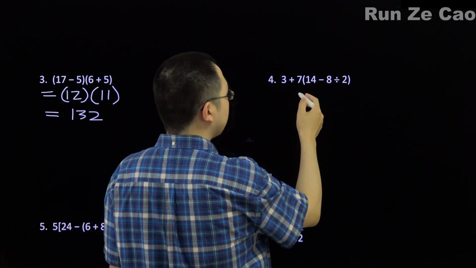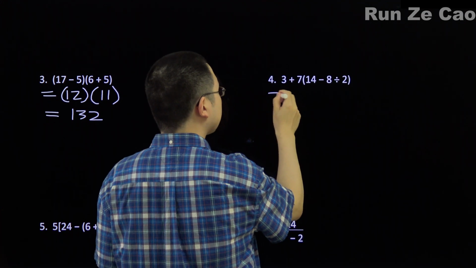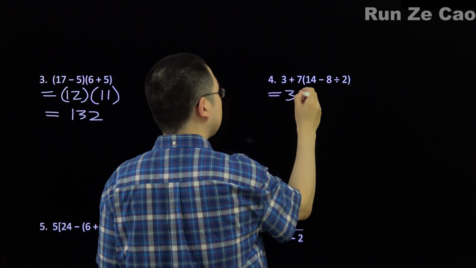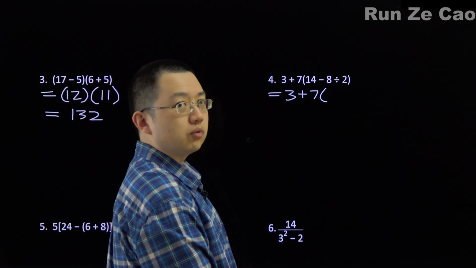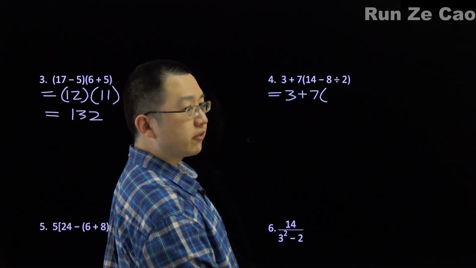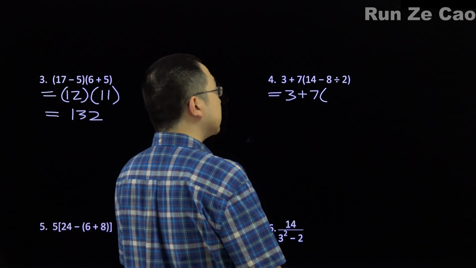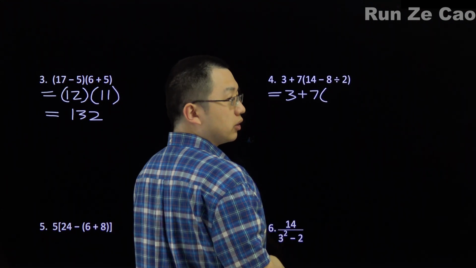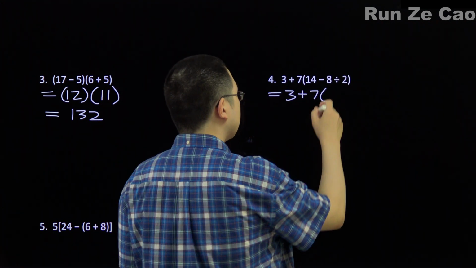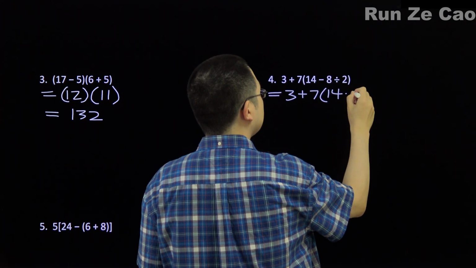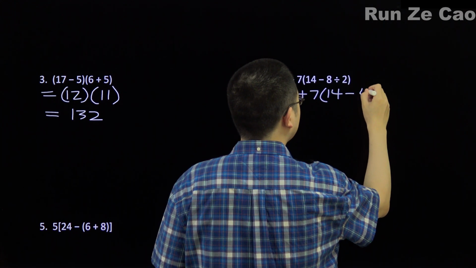So 3 plus, oh hey, we have brackets. That means we do brackets first. So 3 plus 7 times, and inside the brackets, what order do we go in? We have to follow the order of operations, which means multiplication and division before addition and subtraction. 14 minus 8 divided by 2 is 4.